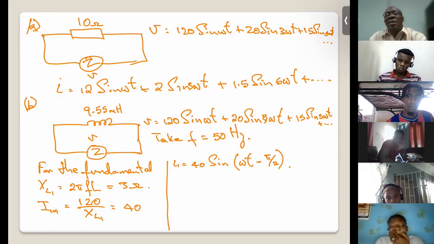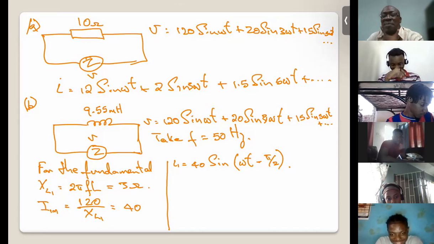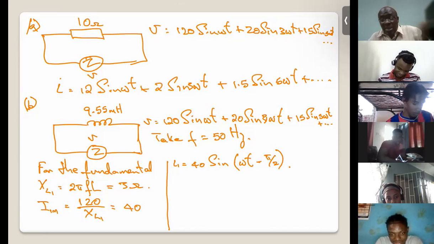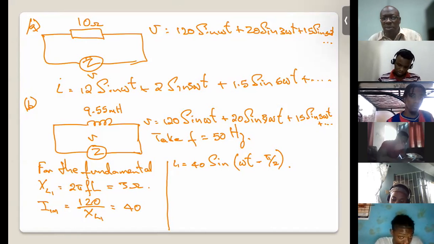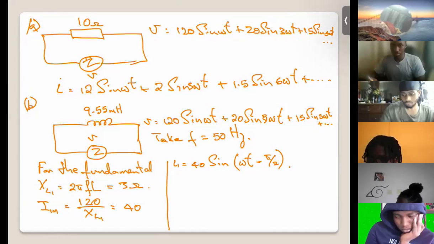Easy stuff, this one. All right, and that's for the fundamental. Thank you, Mr. Reed. You did well.